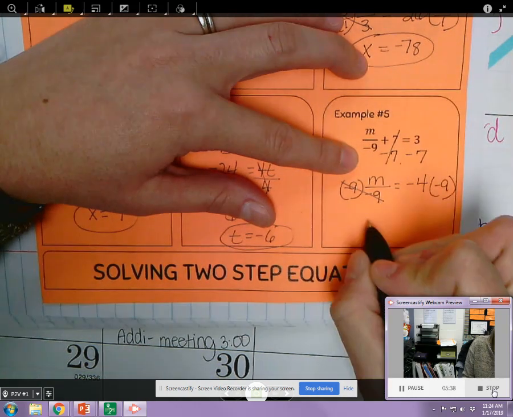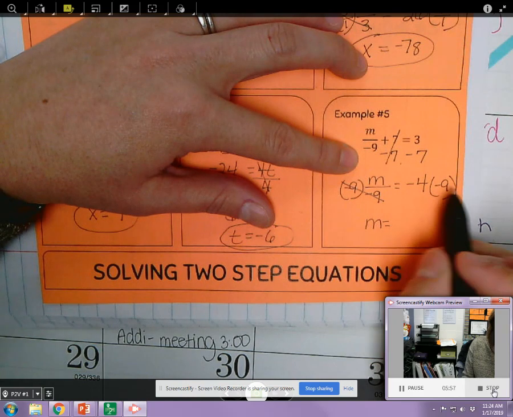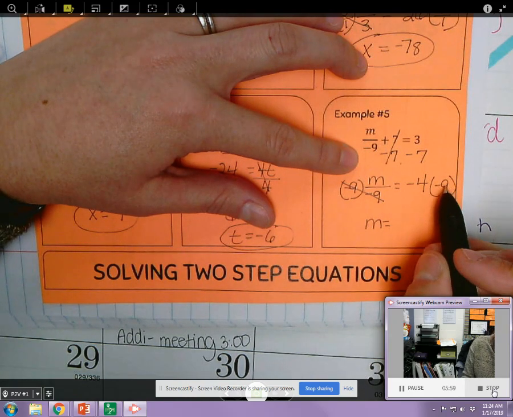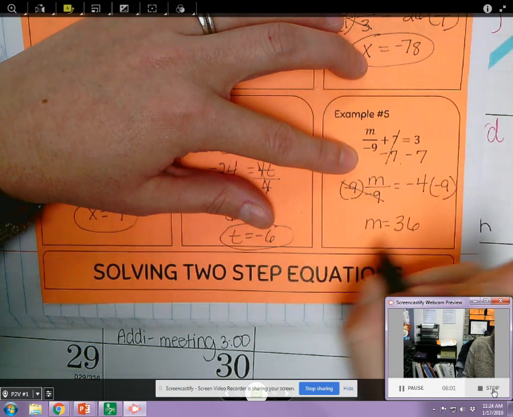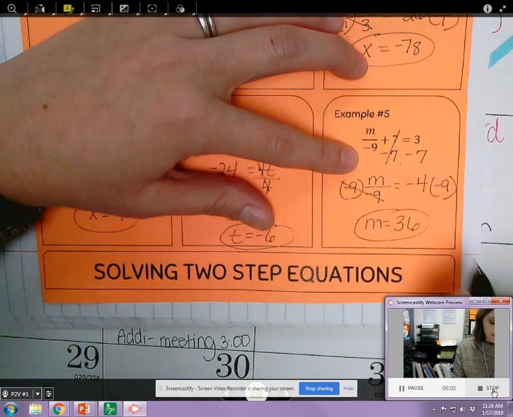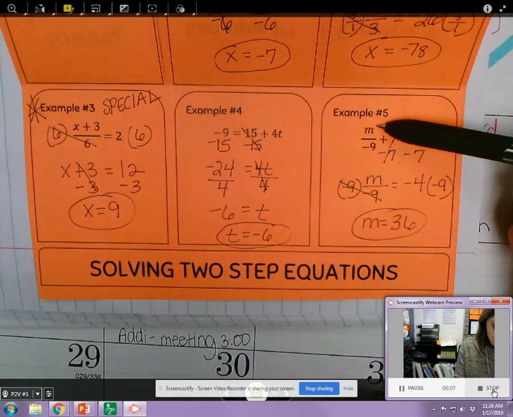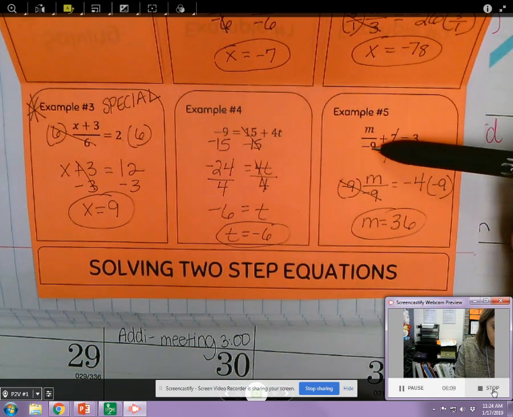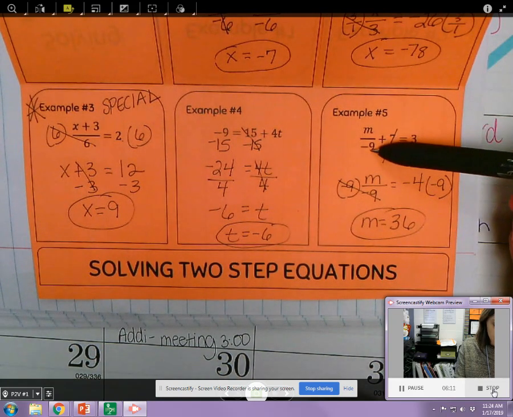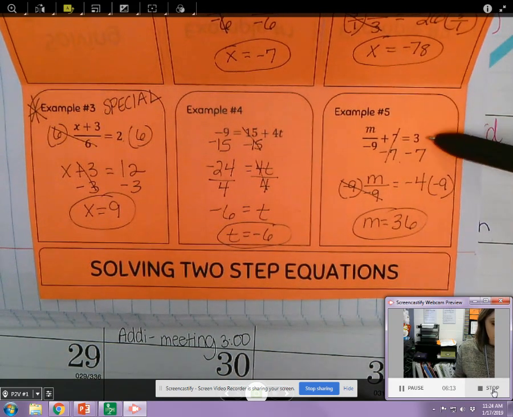So m equals a negative times a negative, which is a positive 36. So m equals 36. And then, of course, plug it in for m. 36 divided by negative 9 is negative 4. Negative 4 plus 7 is positive 3.